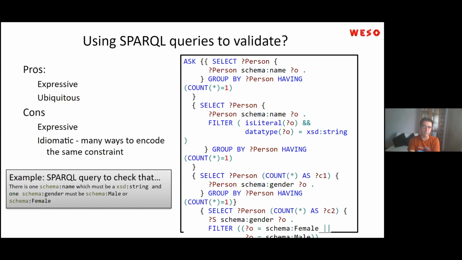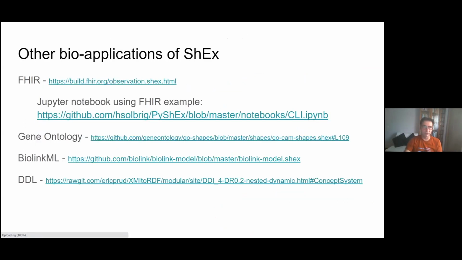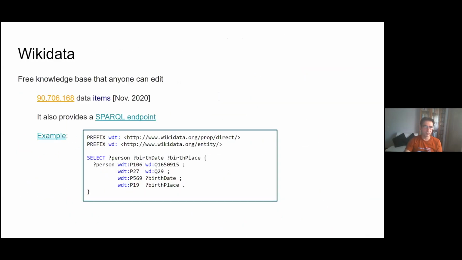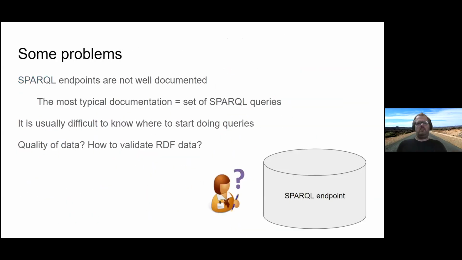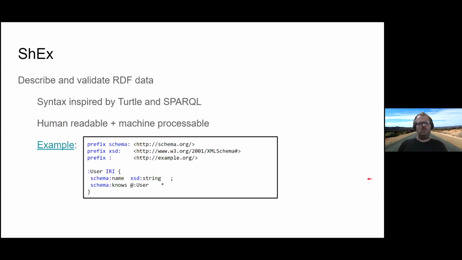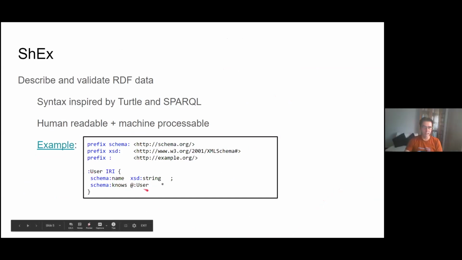So, for example, the first ShEx that I had here, where a user knows another user, if you try to translate that directly to SHACL, you could represent that, but it would be outside of the current SHACL recommendation.